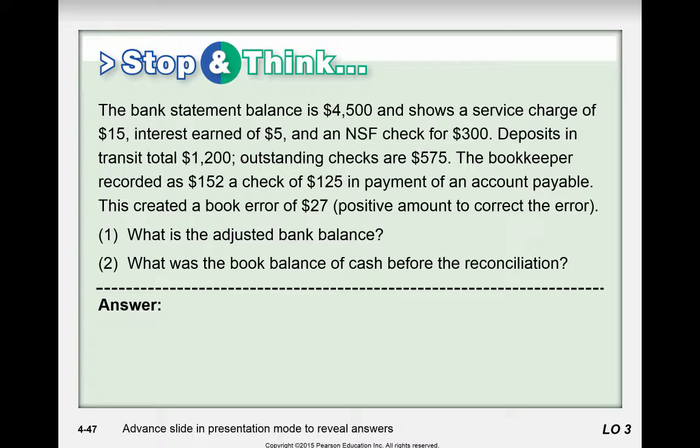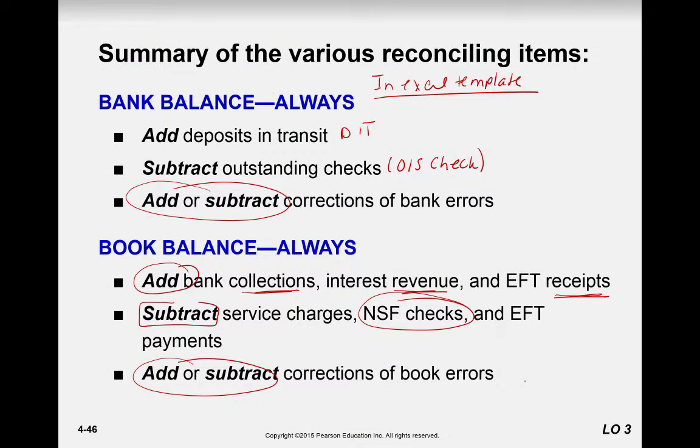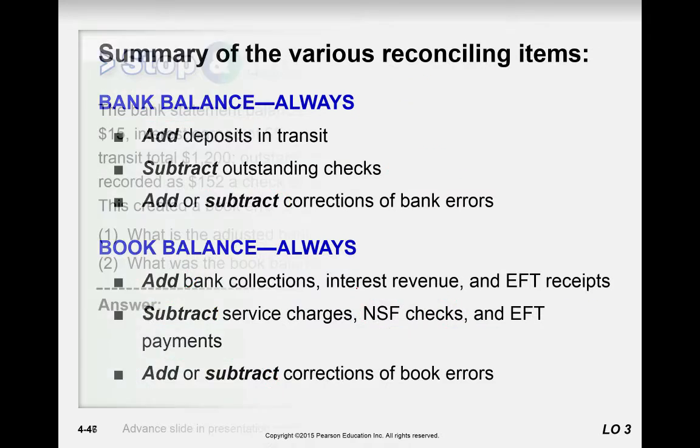Outstanding checks are $575. The bookkeeper recorded as $152 a check for $125 in payment of an accounts payable, so that created a book error. So here we're looking for the adjusted bank balance. And if you go back to our previous slide, we see that to the bank balance we add deposits in transit, subtract outstanding checks, and adjust for a bank error.